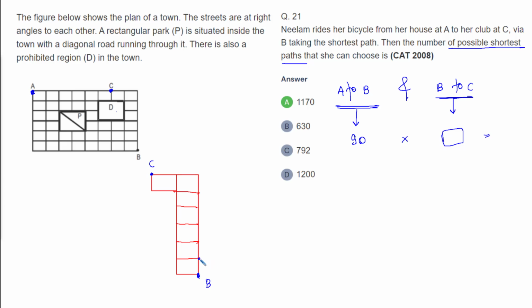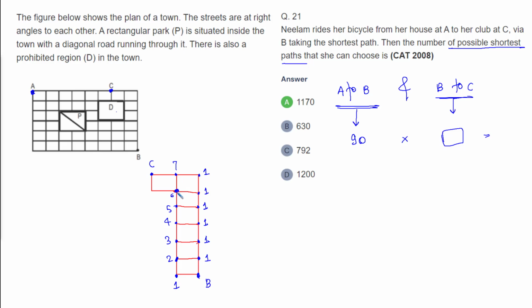Neelam can travel to this point by using only one way. Neelam can travel to this point by using only one shortest path. To travel to these points, Neelam has an option of only one shortest path. To this point as well. Now, to this point, in how many ways can Neelam travel? 1 plus 1, 2 ways. To this point, 1 plus 2, 3 ways. 3 plus 1, 4; 4 plus 1, 5; 5 plus 1, 6; 6 plus 1, 7.